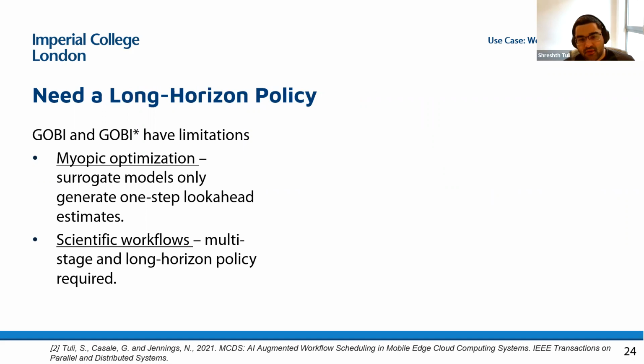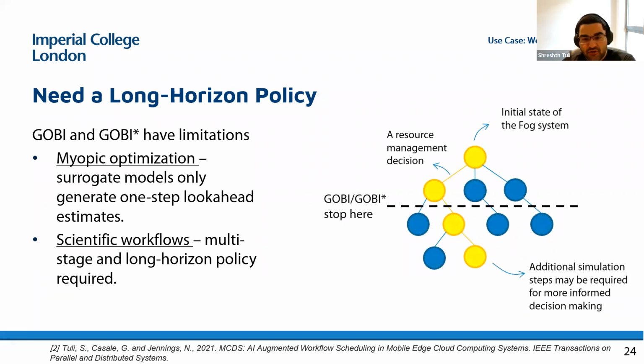Okay, so the second idea that I shall discuss today belongs in this area of scheduling these scientific workflows. And a limitation, again, for the Gobi and Gobi star methods that we described previously is that they predict quality of service metrics at the end of the next interval. So they are single step look ahead estimates. However, for multi-stage applications such as these scientific workflows, such a myopic optimization model may not be helpful.